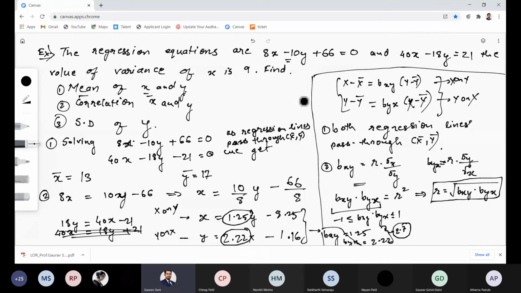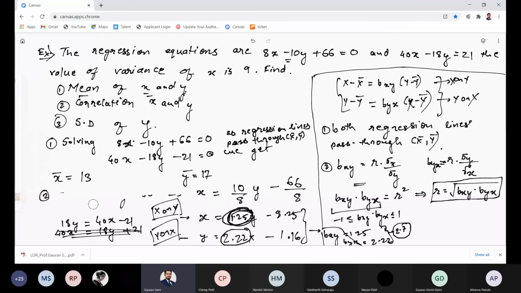From the first equation I have made x on y, from the second equation I have considered y on x. But in these choices, this value is becoming greater than 1. So the choice is to be made in such a manner that this coefficient or the slope of the line will be less than 1. So let's change the choices.